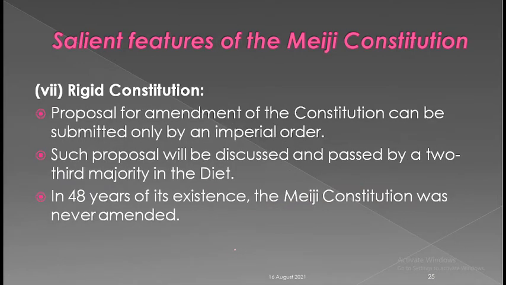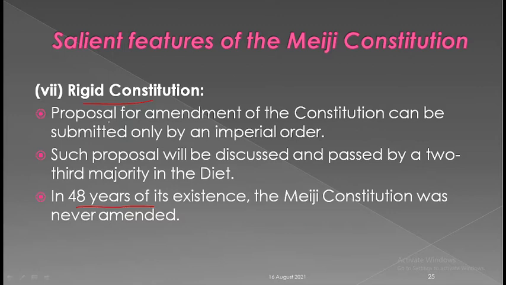Now, the other feature of the Meiji Constitution is that it is a rigid constitution. In 48 years of its existence, the Meiji Constitution was never amended because it has a very difficult amending procedure.